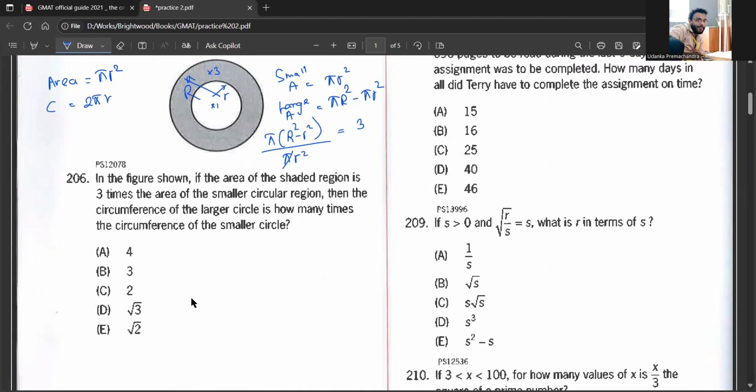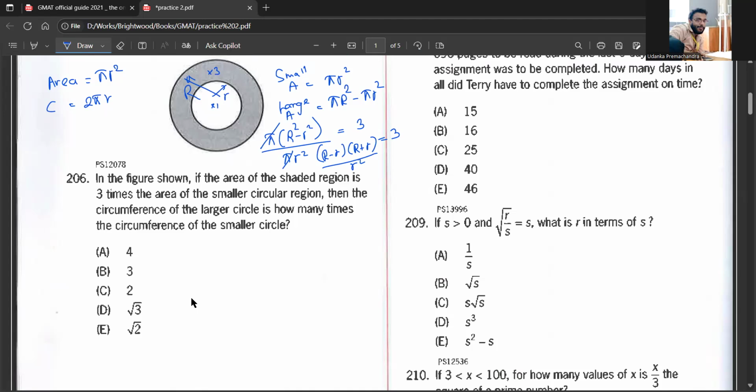You can cancel the π. Here you can write (R minus r)(R plus r) over r squared equals 3. I simplify more and more. This one equals 3.